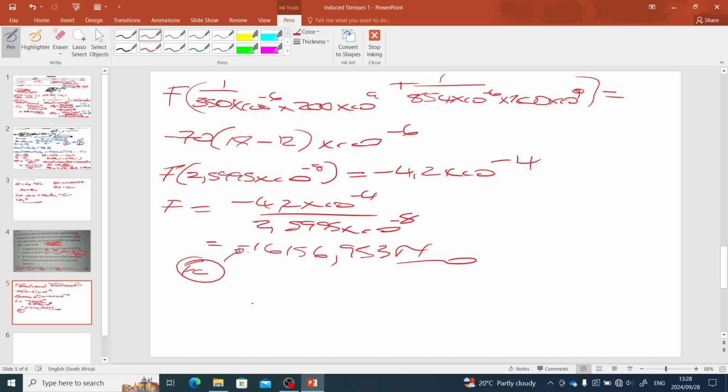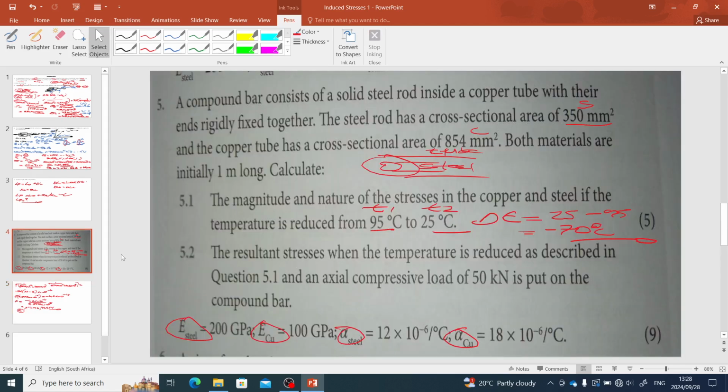Now we've managed. They said on the given statement here, did they indicate? Yes, they did indicate an axial compressive load of 50 kilonewton. The force that is being applied is compressive.